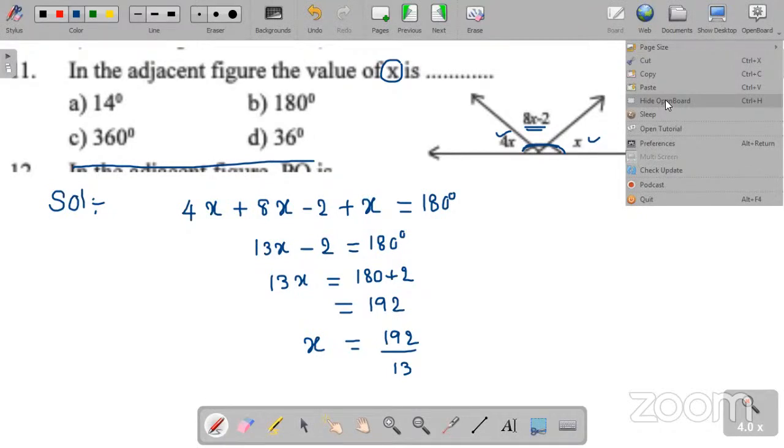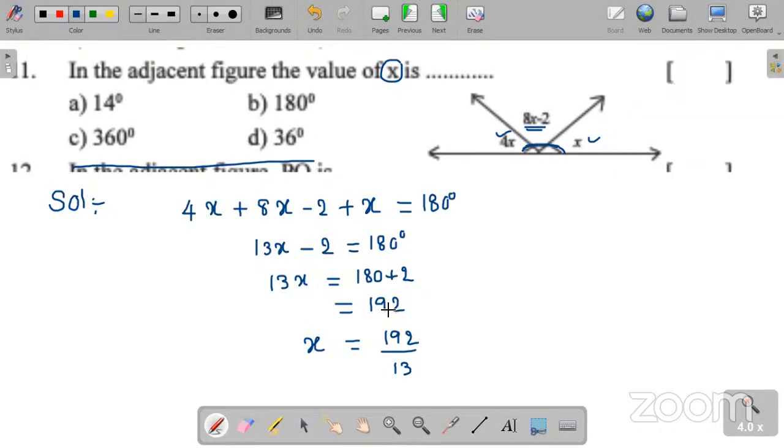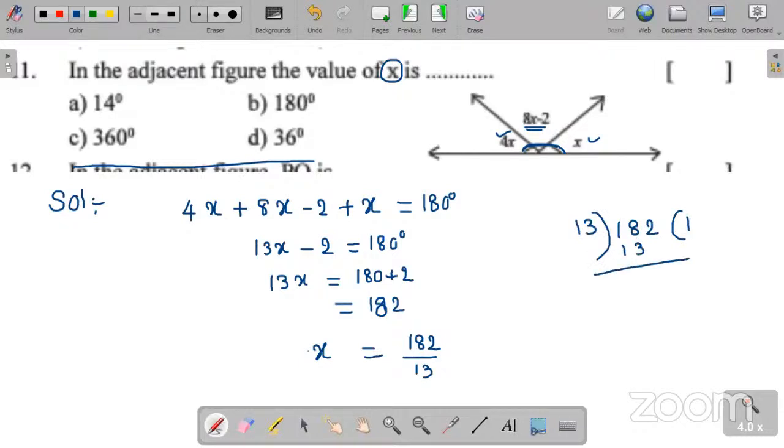Let me check. Yes, 182. I made a mistake here. Absolutely correct, Nana. 180 plus 2 is 182. So we need the x value, 182 by 13. 13 ones are 13, subtract, 52. 13 fours are 52.